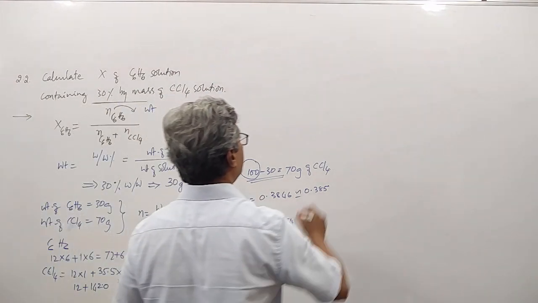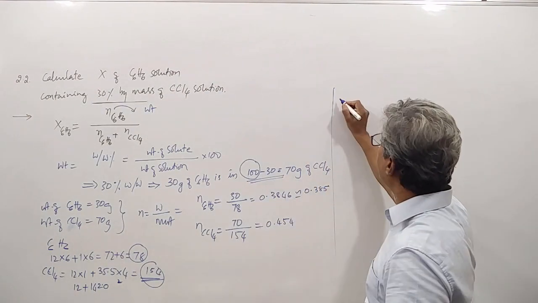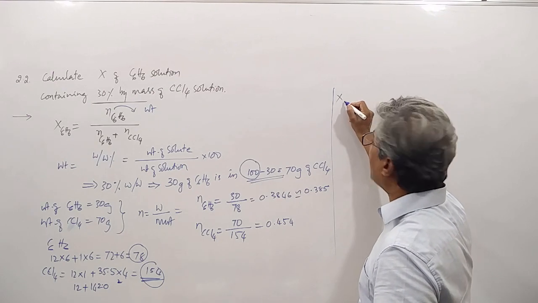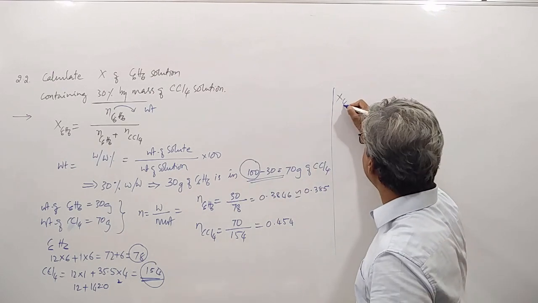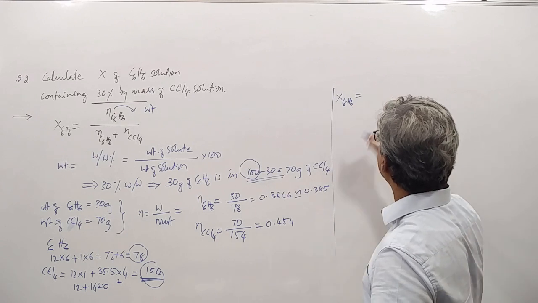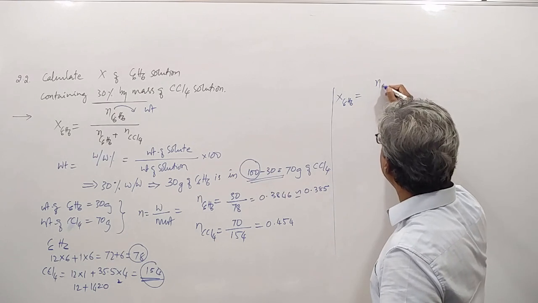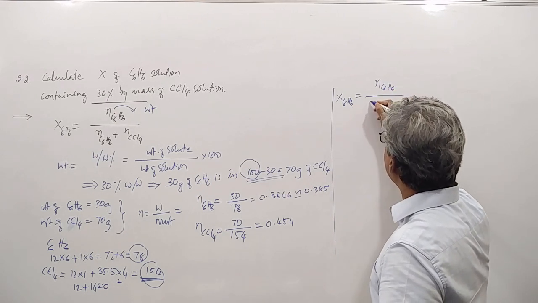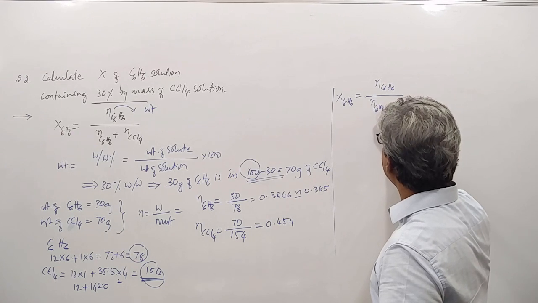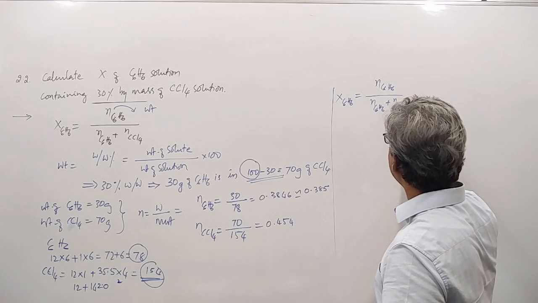Now what we can do? Now we can calculate mole fraction of benzene, C6H6, which is equal to number of moles of benzene divided by number of moles of benzene plus number of moles of CCl4.